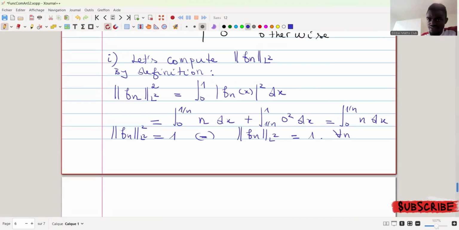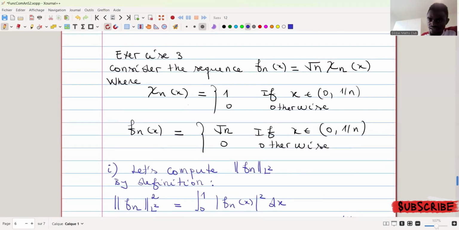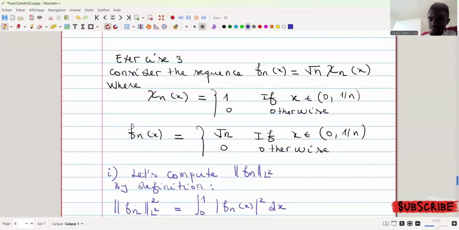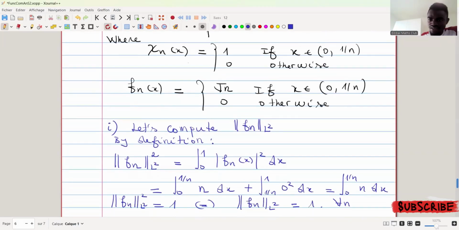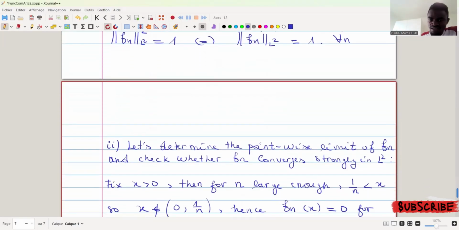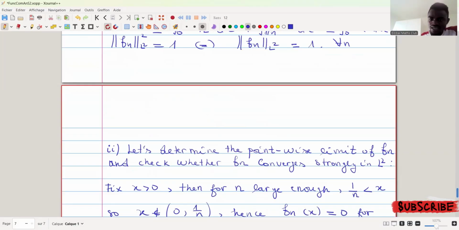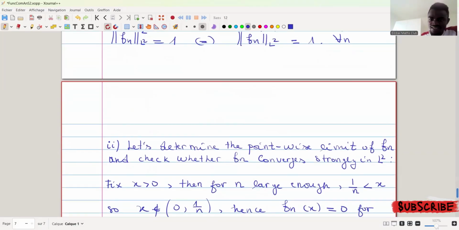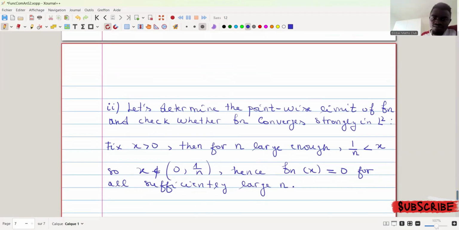So you understand, F was given like this: Fn is equal to square root of n if x is between 0 and 1 over n. But here we notice that when we fix x greater than 0, for n large enough, 1 over n is less than x. So x is greater than 1 over n, and x doesn't belong to the interval 0, 1 over n.